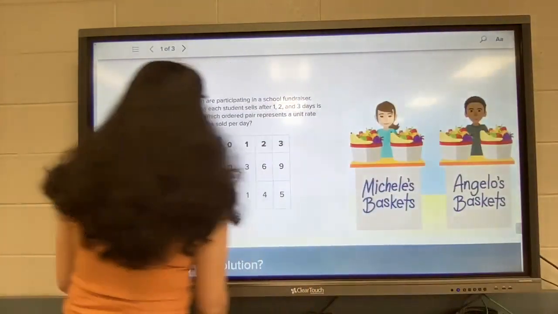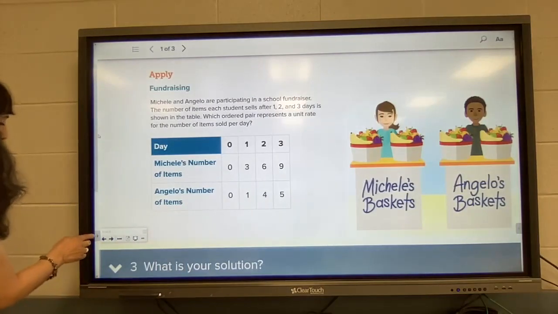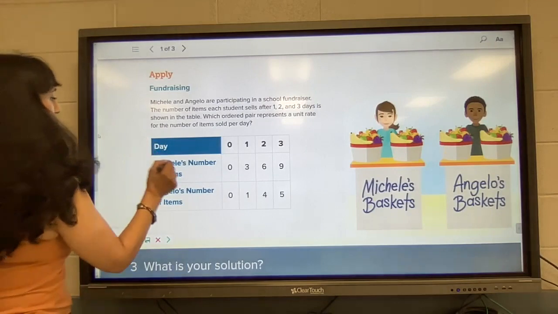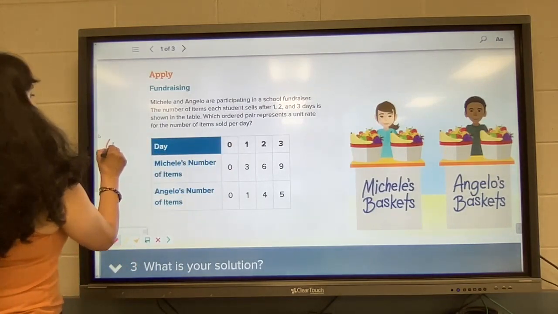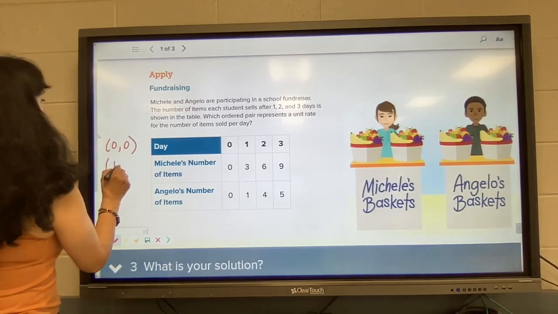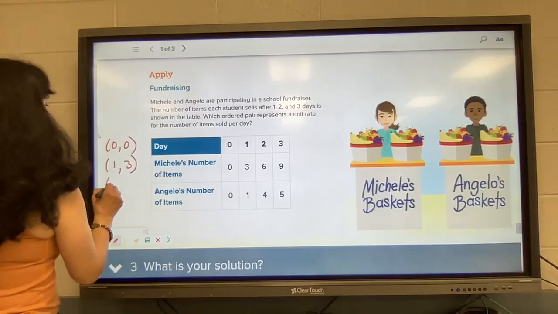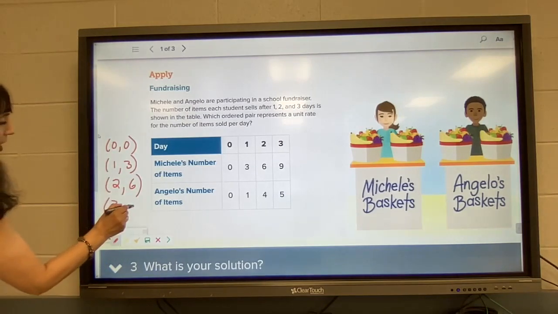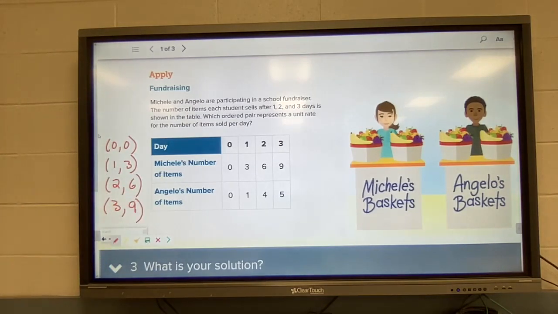Okay, so let's look at these. If I look at the top one for Michelle, we have (0, 0), we have (1, 3), we have (2, 6), and we have (3, 9), right?